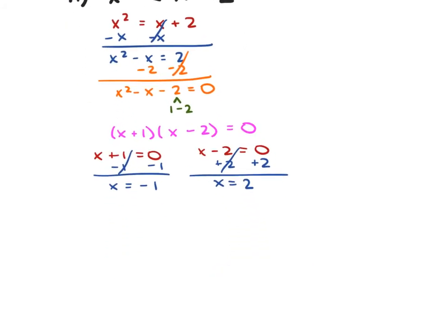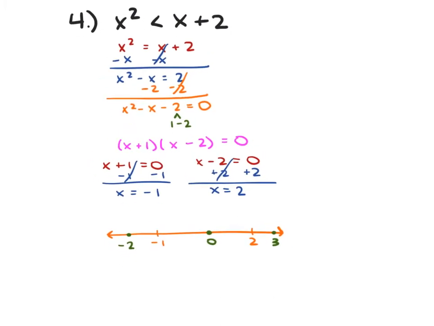So using your number line, you have a negative 1, you have a 2. The number in between is 0 that we can use. To the left of the negative 1, we can use negative 2. To the right of 2, we can use 3. Plug these in to the original inequality and see which ones work.